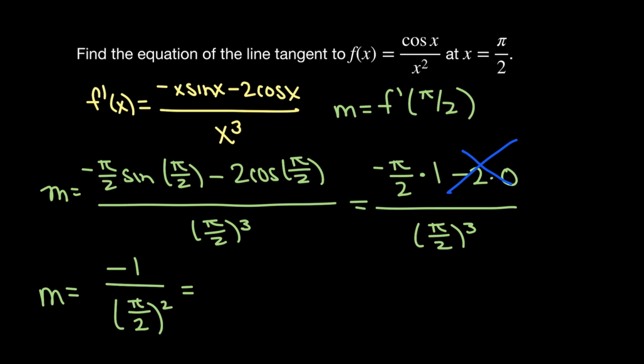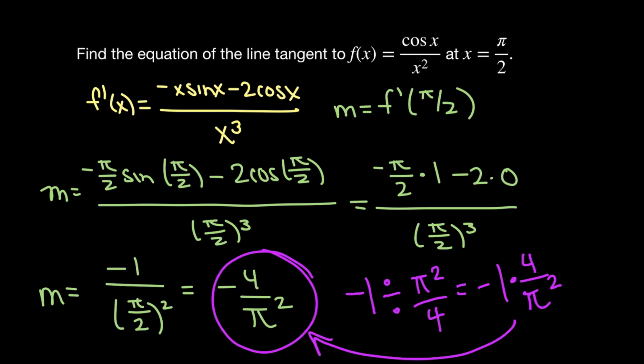Now I've got a common factor of pi over 2, so I'm going to go ahead and cancel that common factor of pi over 2 out. And now I'm left with negative 1 in the numerator, pi over 2 squared in the denominator. That simplifies down to negative 4 divided by pi squared. How did I get that?